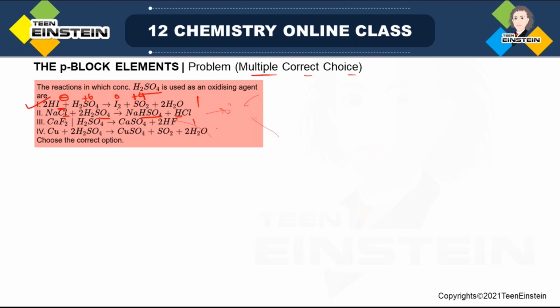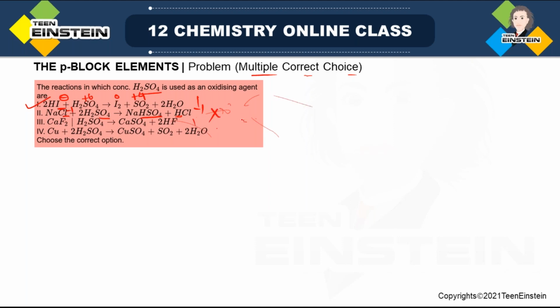So see, the oxidation state is also not changed because chloride is present before reaction and after reaction. In both sides, chloride is having -1 charge. So this is not an oxidation reaction. So this is not a correct option.